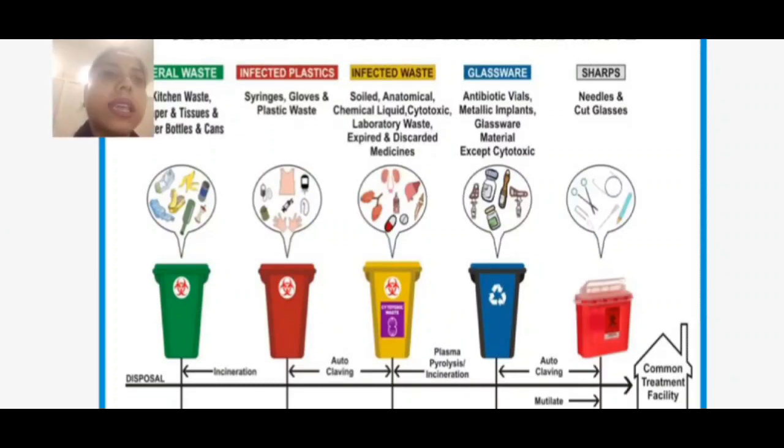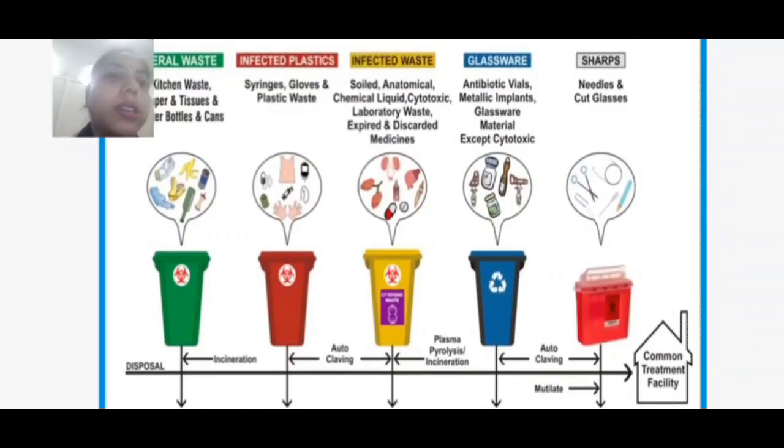And the glasswares like antibiotic vials, metallic implants, glassware material, except cytotoxic, will go in the blue basket for recycling. And the sharp things like needles and cut glasses will go in the sharp pit, in the red basket, which basically will come in the transparent basket.